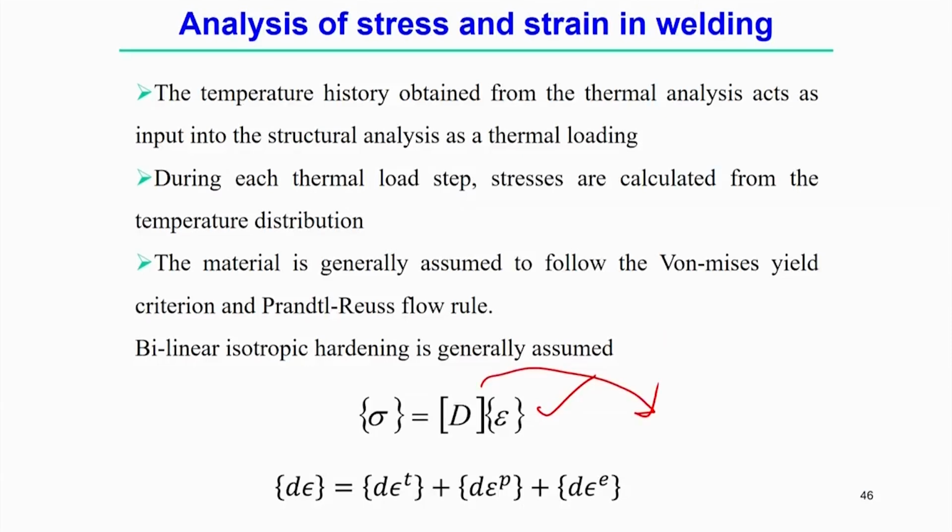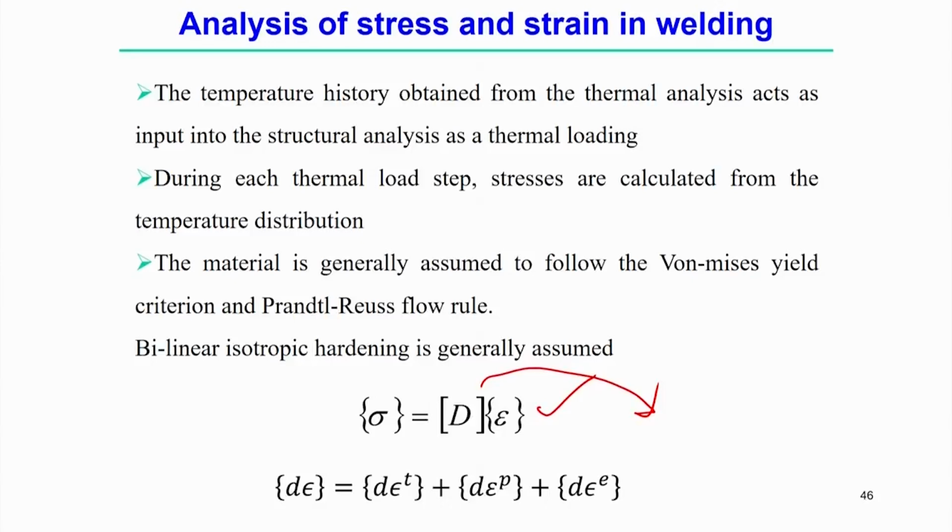Within the elastic limit, in the relation between stress and strain, D should be related to the elastic properties of the material in matrix form, that is the Young's modulus and mainly the Poisson's ratio. Then normally we do the analysis assuming the material is not purely elastic.